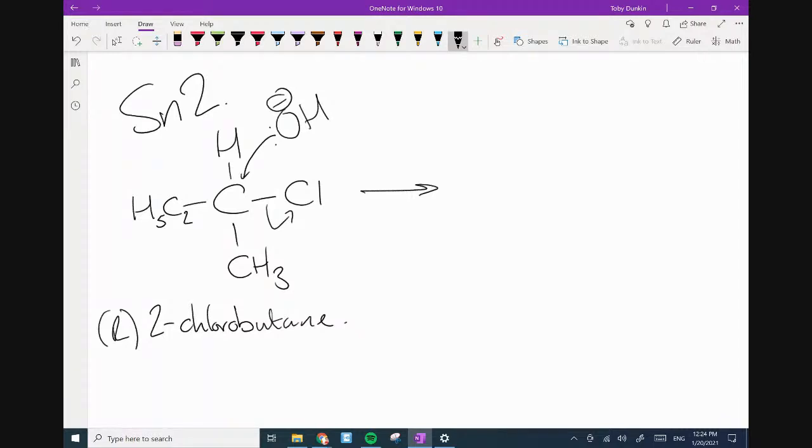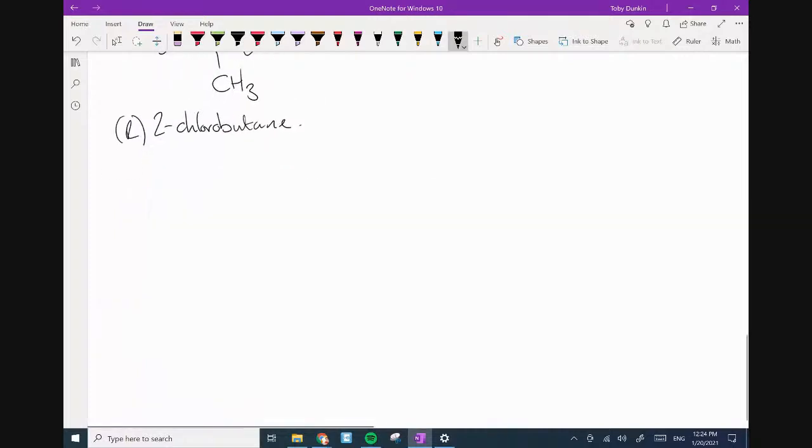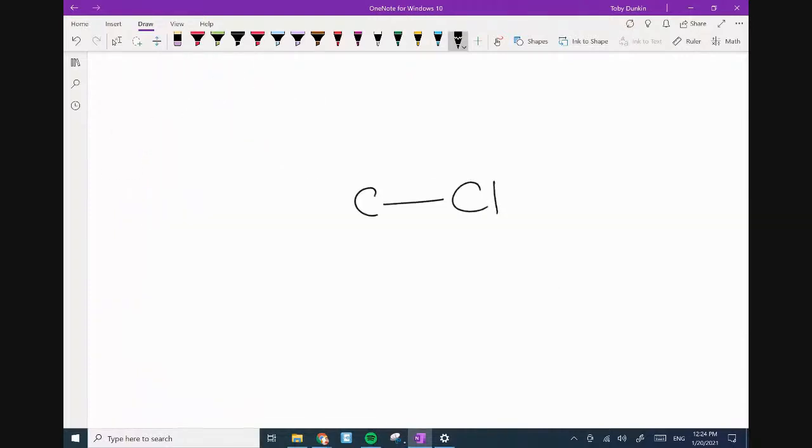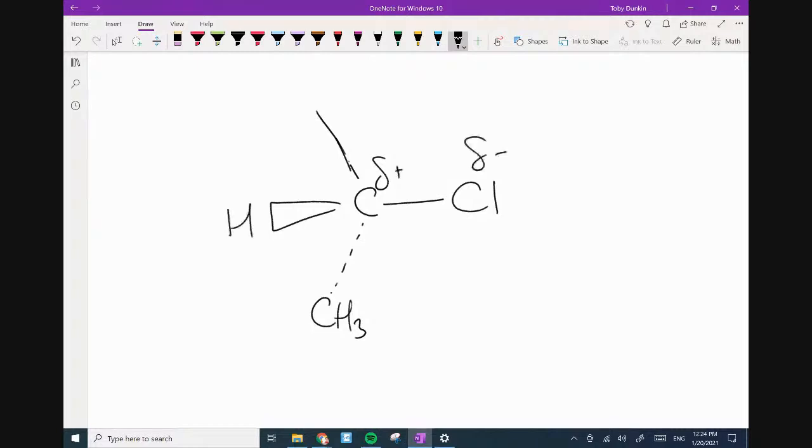Let me show you why, because it's actually 3-dimensional. So I've got an R there. I'll do CH3 here, the H there and the C2H5 here.